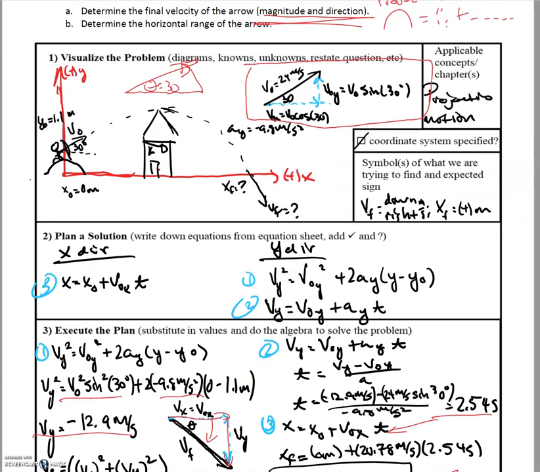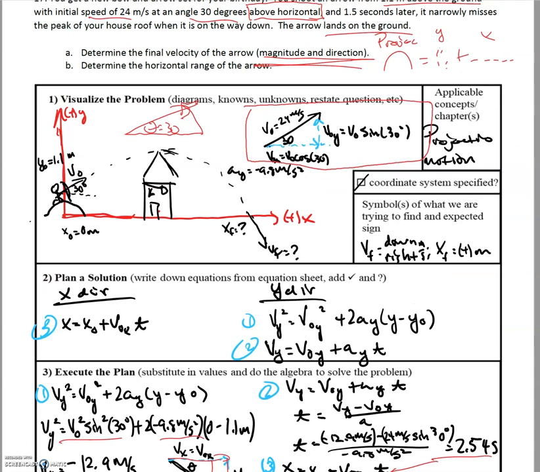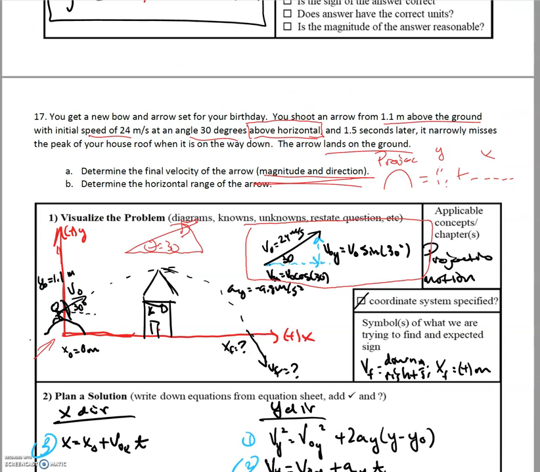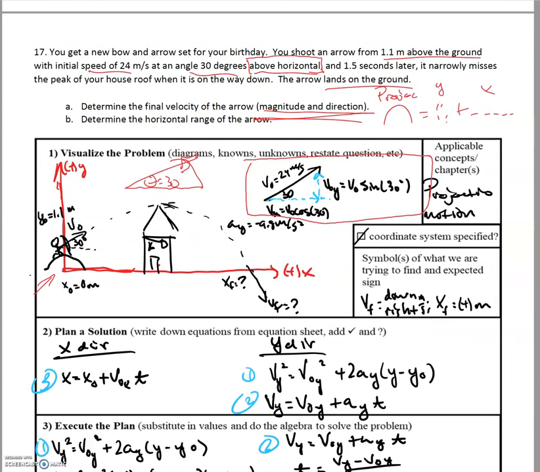And so this is a pretty typical problem for projectile motion. You start at a height. I know I'm repeating myself, but it's a pretty common problem where you start at some height and you finish at a different height. You're given some piece of information about the velocity and maybe some distance or time, and then you're asked a series of questions to solve for based off of that information.